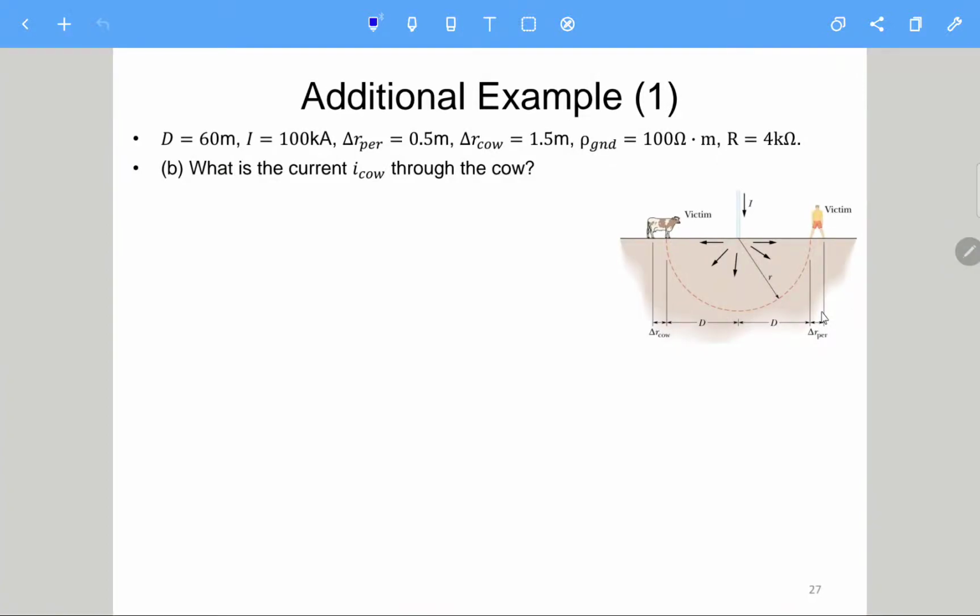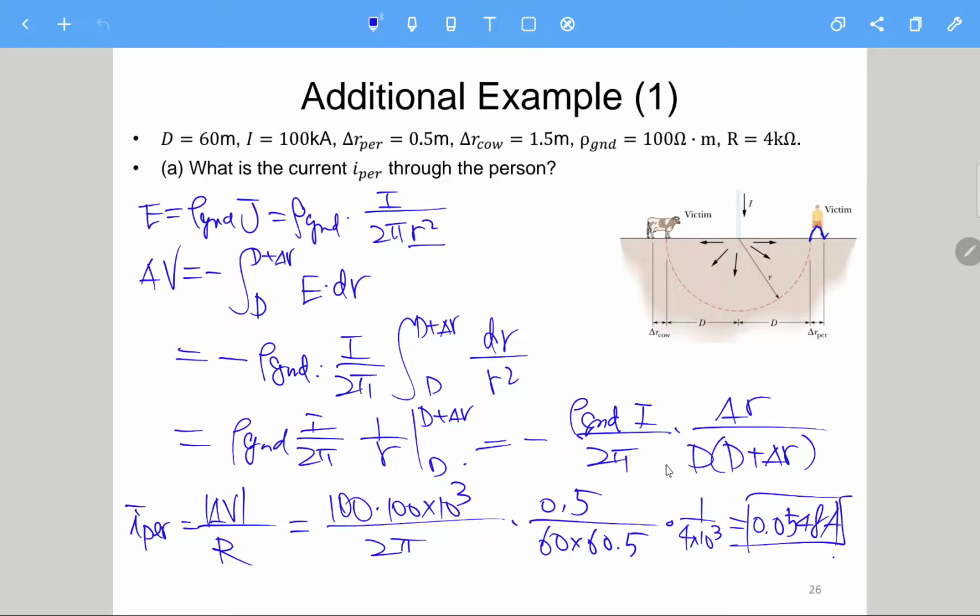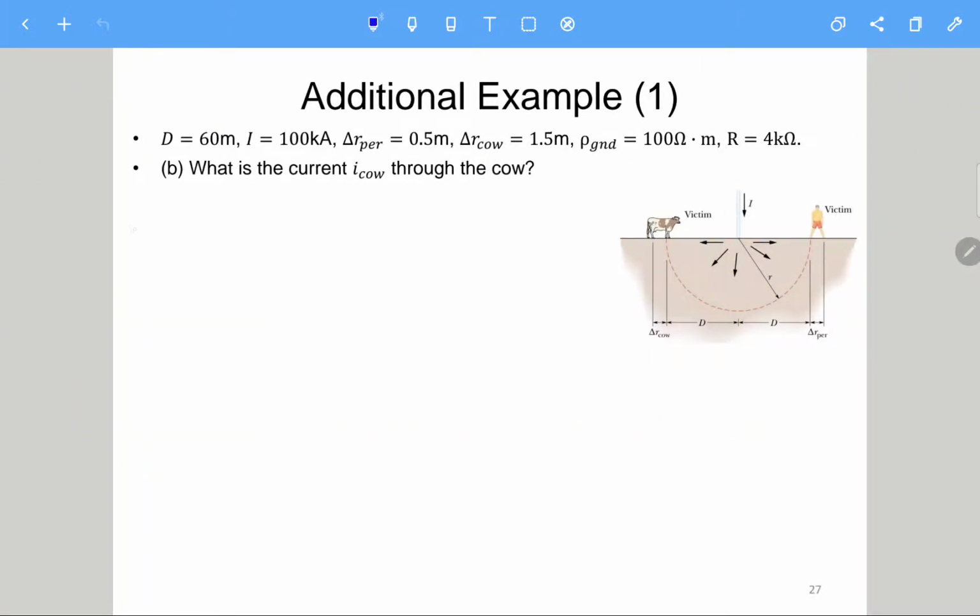Next, for the I cow, we only need to change delta R person to delta R cow. All the calculation remains the same, so we only change the numbers.